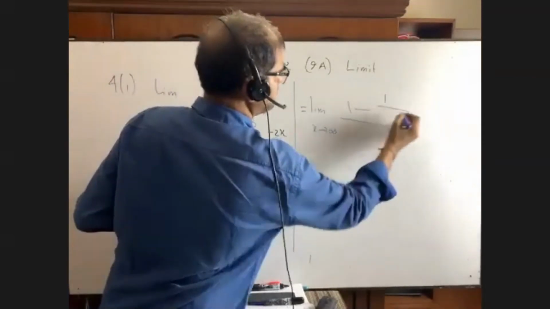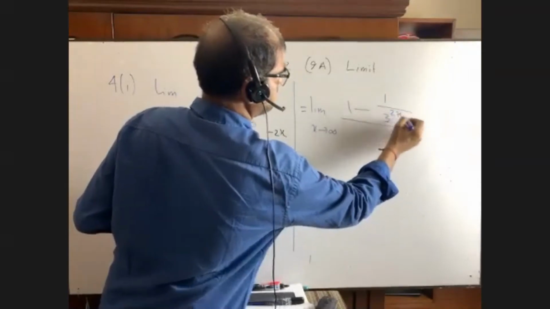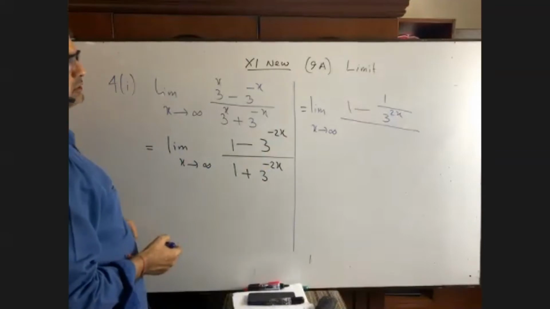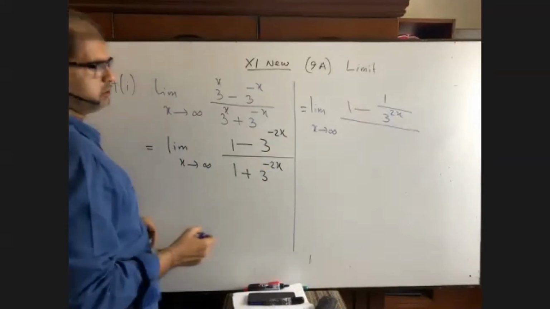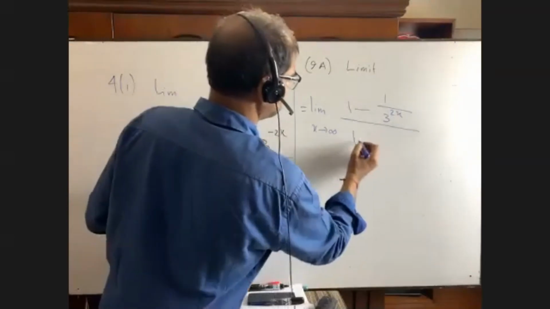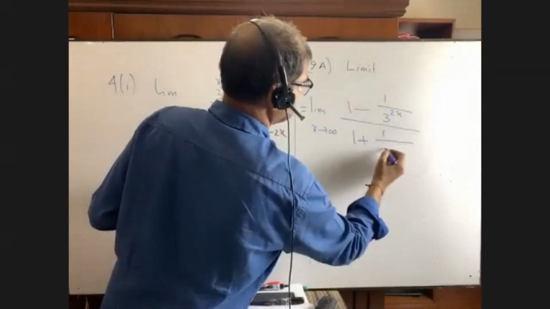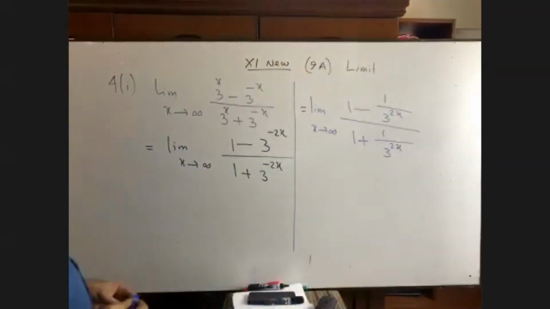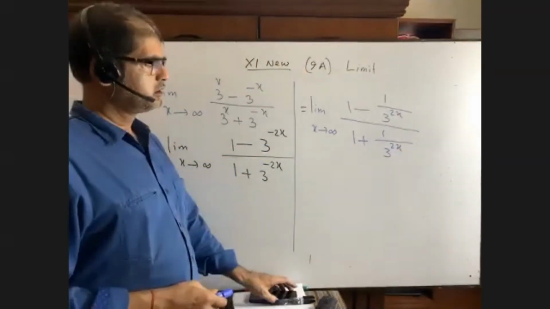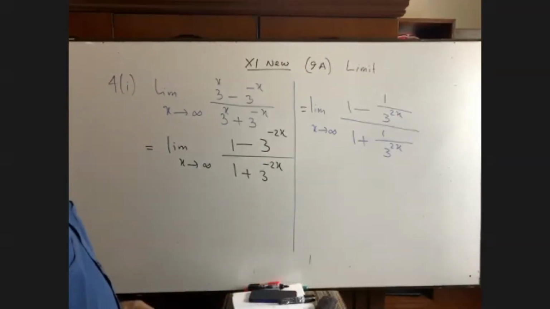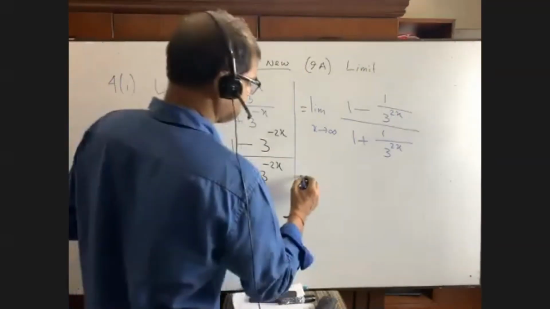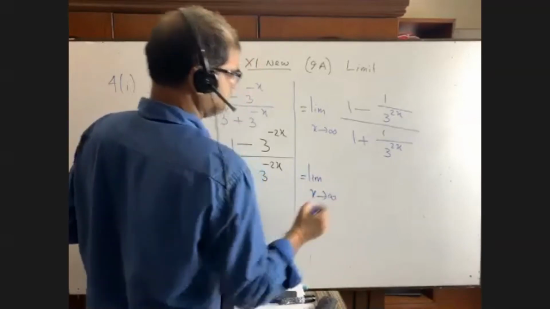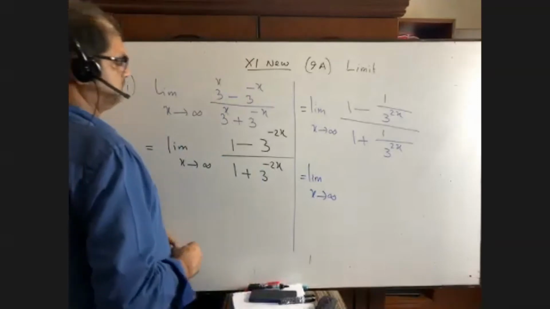One by 3 to the power 2x, is it or not? And it is 1 plus 3 to the power 2x, is it or not? Yes, sir. Then limit x tends to infinity. Now you see.